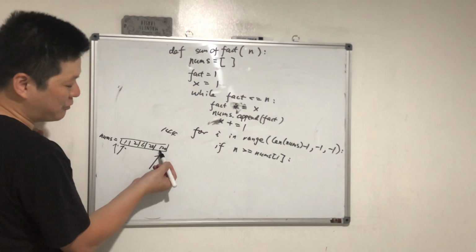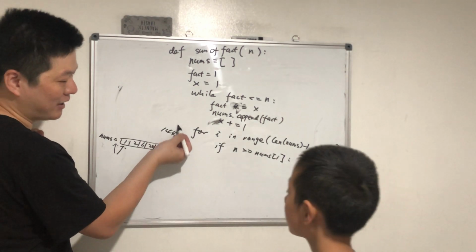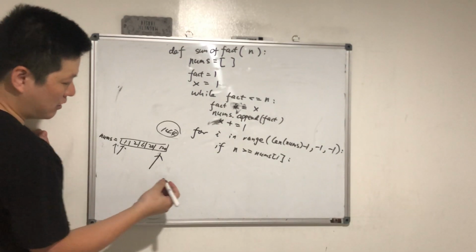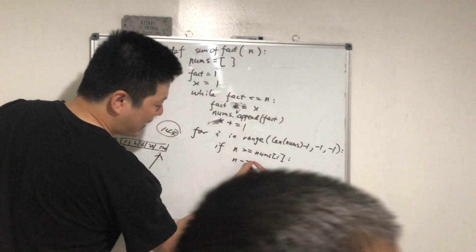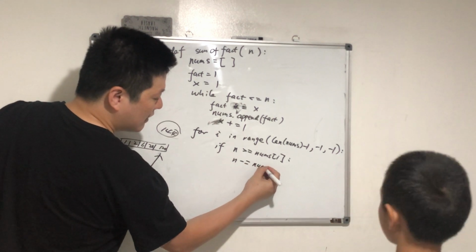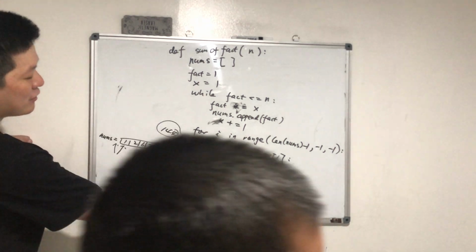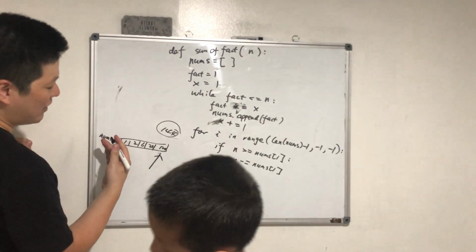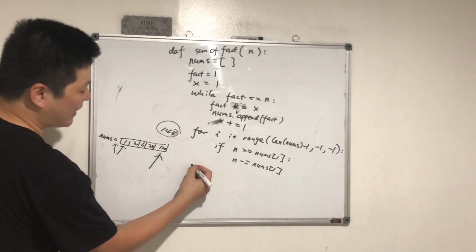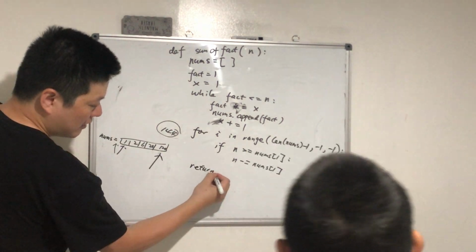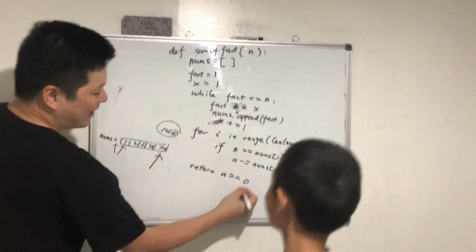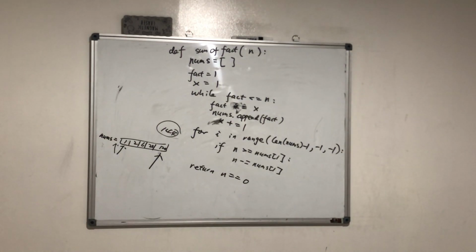If it now is 120, what should we do with this number? n minus equals nums[i]. Okay, that's it. And then at the end, what should we check? If n equals 0. Yeah, okay, what's the time complexity?